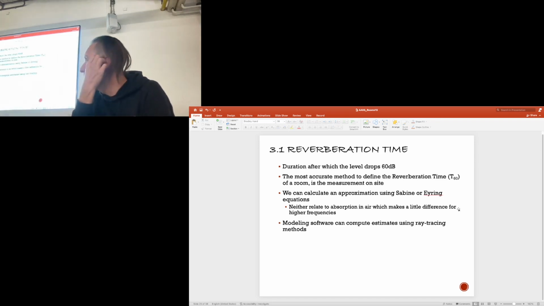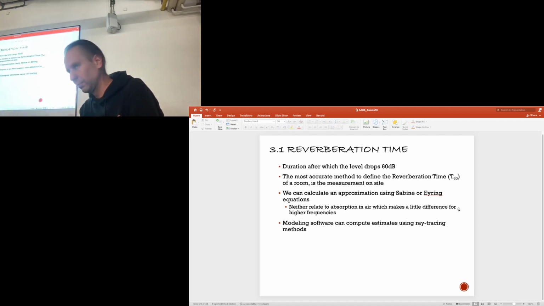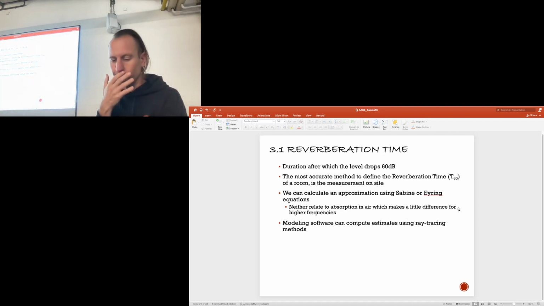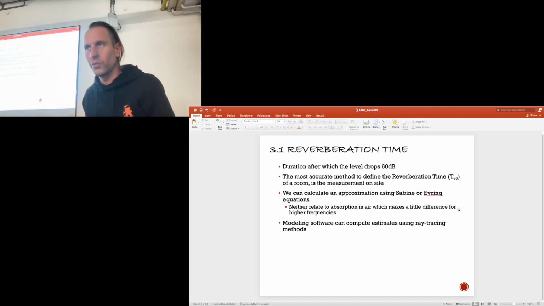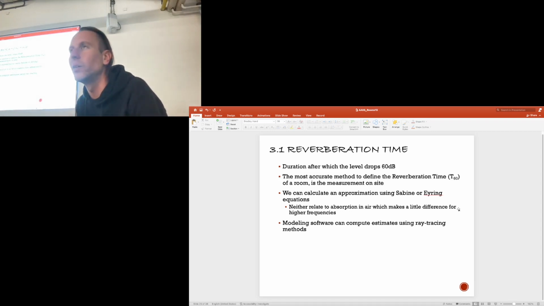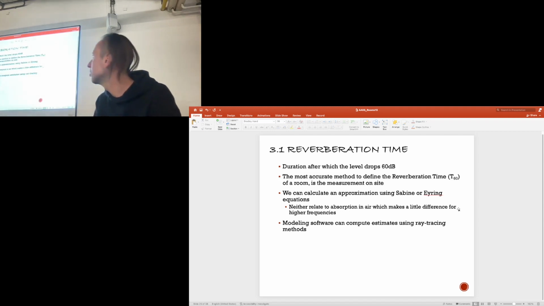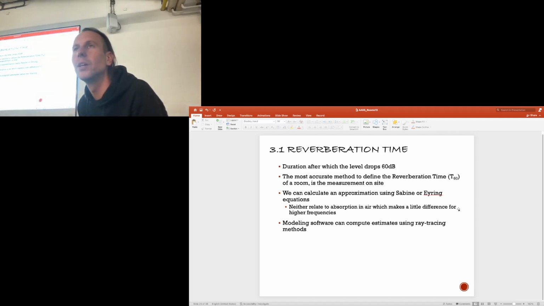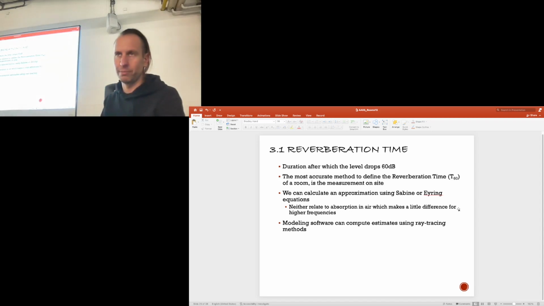In terms of describing reverberation, we have huge complexity arising, and we're going to attempt to describe reverberation in a bit more detail than with a single number. But your first point of entry here is the reverberation time, which is a measurement of the duration of time it takes for the acoustical energy to drop 60 dB where there is no further acoustic stimulation.